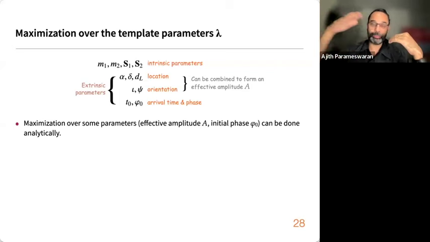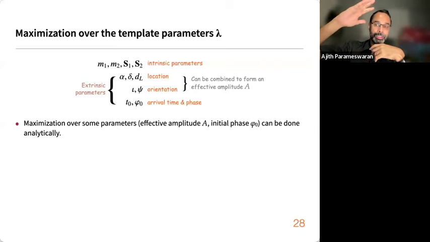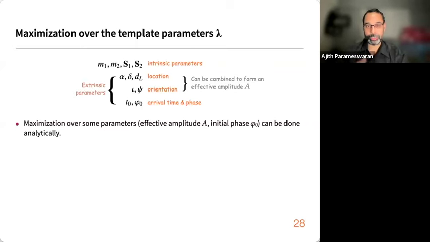And you need two angles describing the orientation of the binary and a third angle describing the reference phase. So basically three Euler angles relate the coordinate system in which the binary is computed to the coordinate system in which the detector is located. And on top of that there is some arrival time.